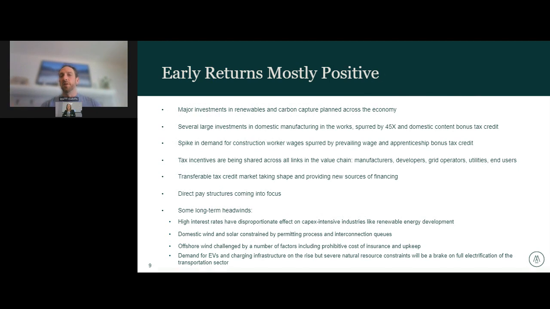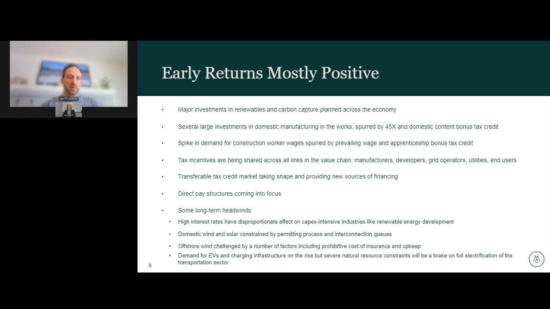So long story short, you can file whatever your return is. If, let's say, you're a 501(c)(3), a 990, there's a registration process and a way to file for this actual cash payment when you make that return. So you don't actually have to have any federal income tax liability to benefit from direct pay.